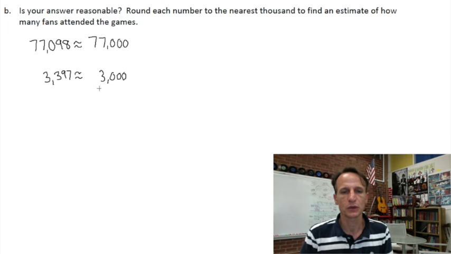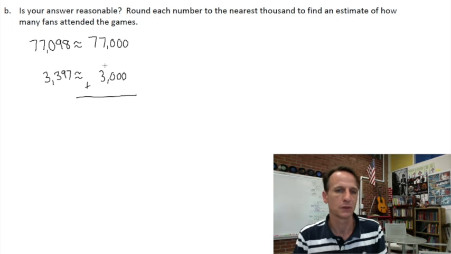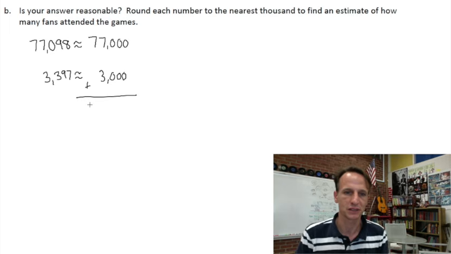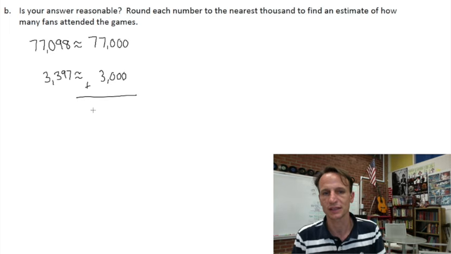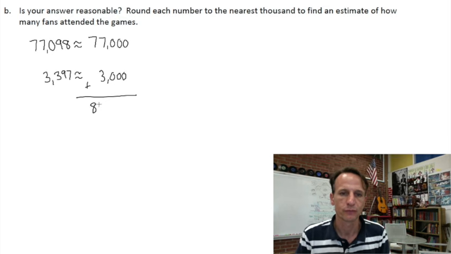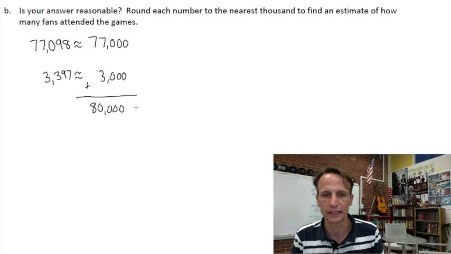And when we put those together, we know it's 77,000s and 3,000s make 80,000s. Now you got to remember that's just for the Giants game.